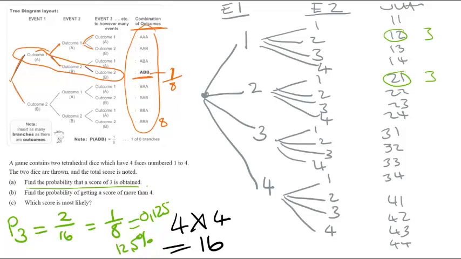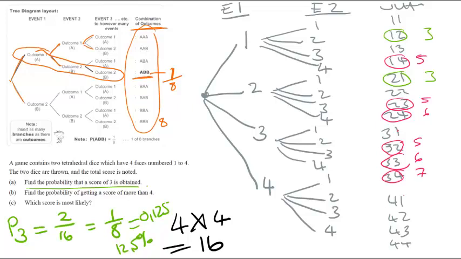Next question, find the probability of getting a score that is more than 4. More than 4. So let's have a look. That's 4. So that's 5, 4, 5, and 6. That is 4. So 5, 6, and 7.